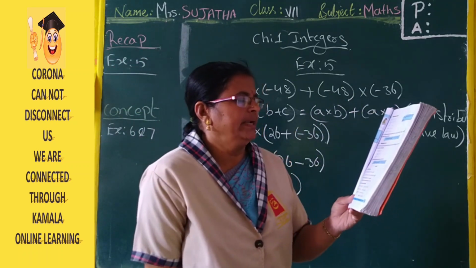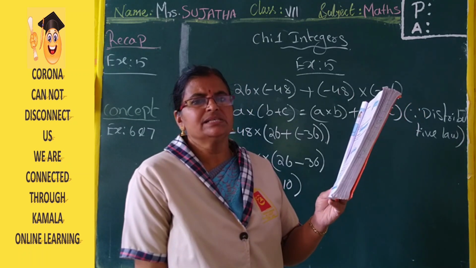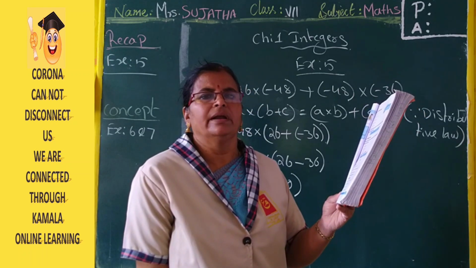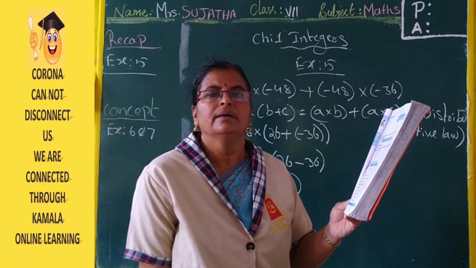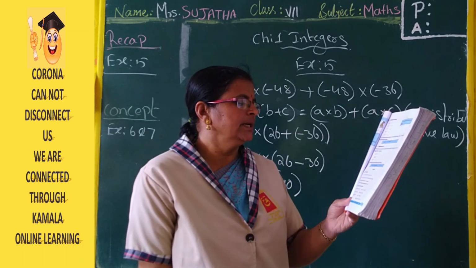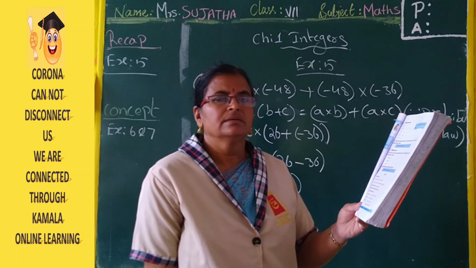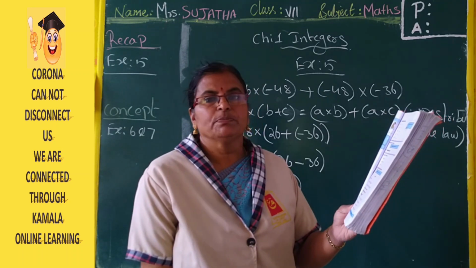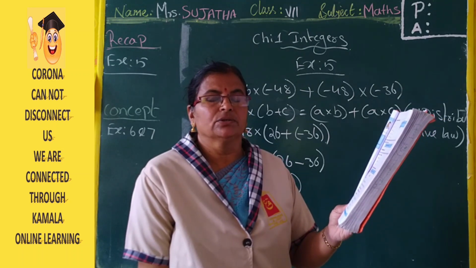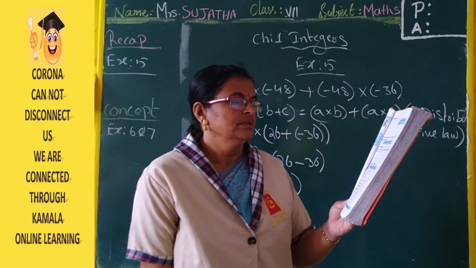Now the second bit, 8 into 53 into minus 125. This is multiplication, so under the associative property under multiplication you can do it. Now the third one, which property is this? Commutative property under multiplication.